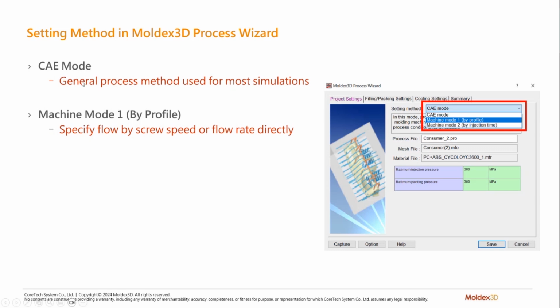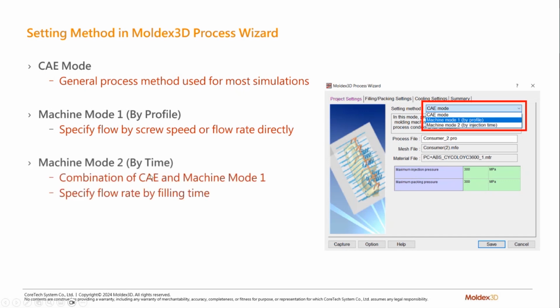This is the mode that we predominantly see our users using. In this method, we are basically setting the flow rate by time, or the fill time is an input here. In machine mode 1, you specify the flow rate by screw speed or the flow rate directly.